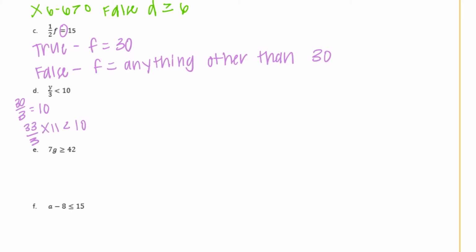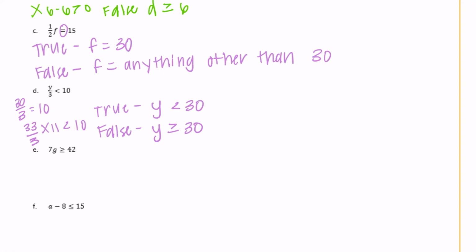So that doesn't work. So for it to be false, y is greater than or equal to 30. To make it true, y is just less than 30, because if it was equal to 30, then it's not true.